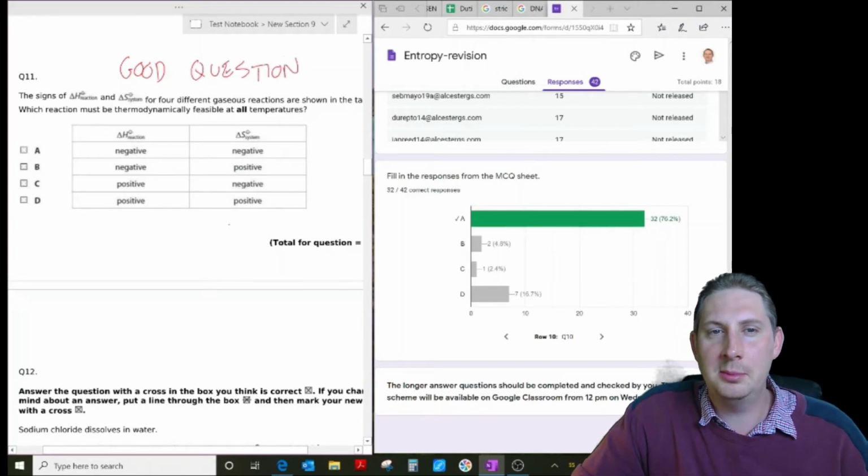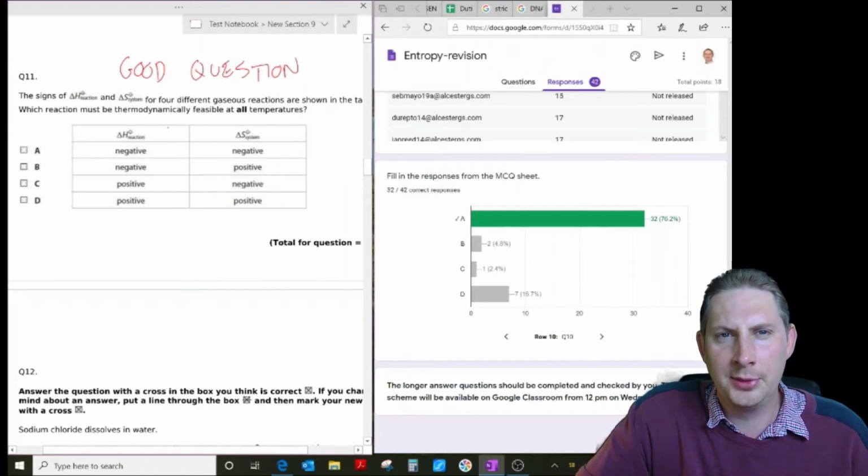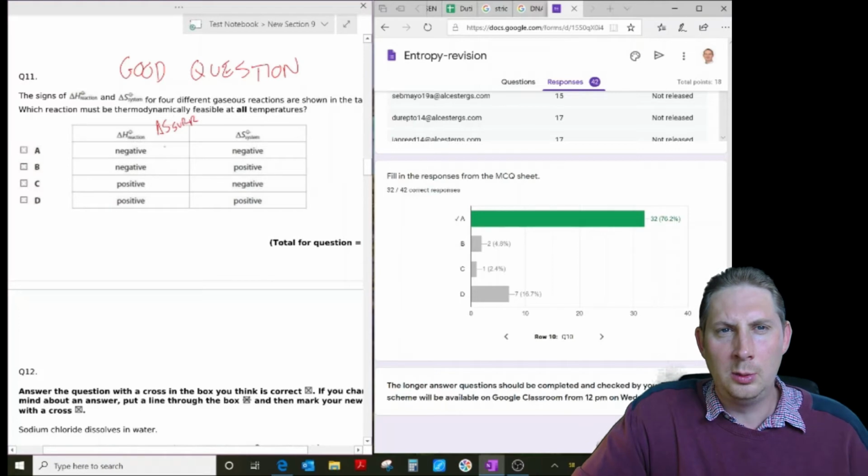You can either think about it from the point of view of delta S total or from delta G. So let's look at delta S surroundings. If it's a negative delta H, that means it's exothermic, so the surroundings gain energy, and that is positive. So those two would be positive.